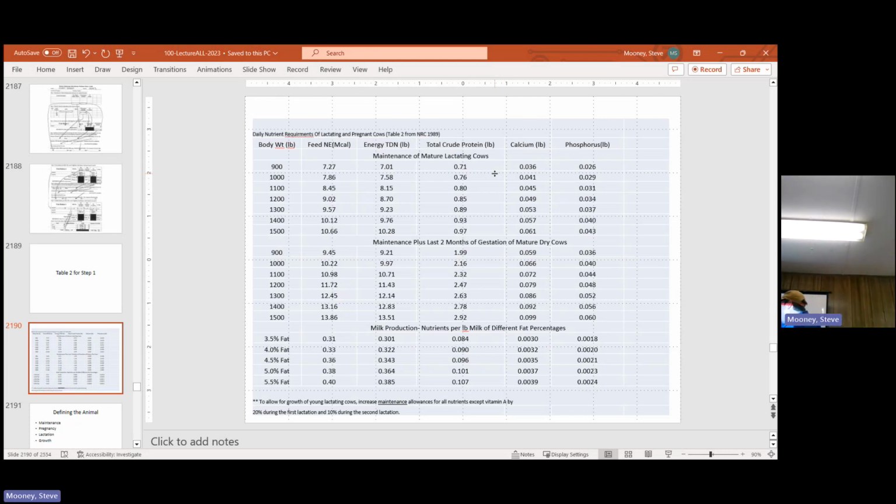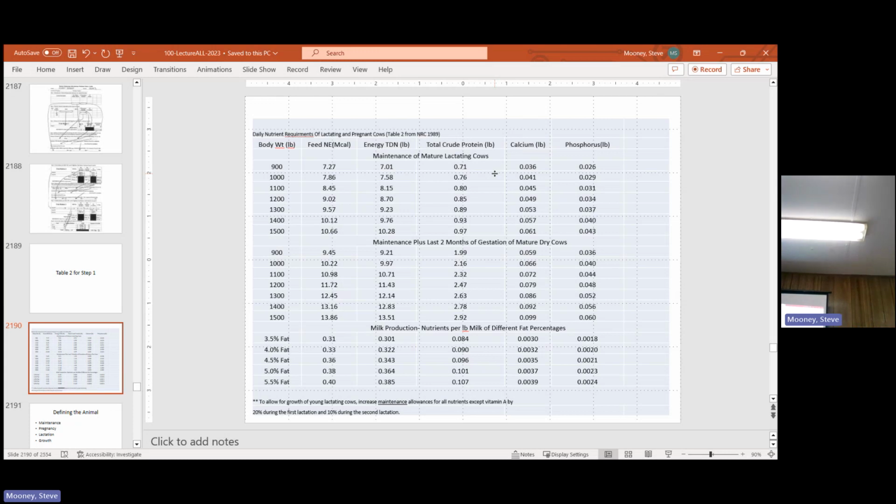So we have the body weight for a range of animals, 900 to 1500 pounds for the animal. The column we'll be using is the net energy column, the feed net energy in megacalories. The next one, energy pounds of TDN, we're not going to use that column.